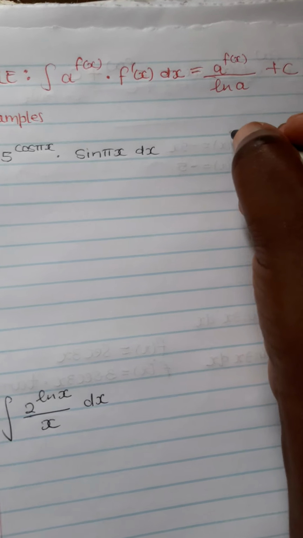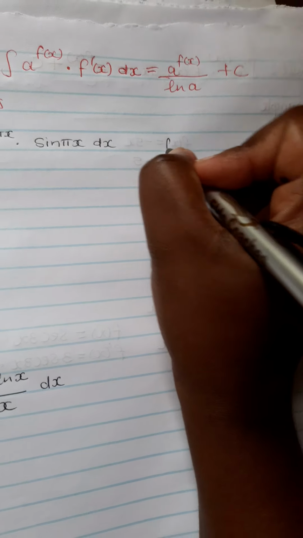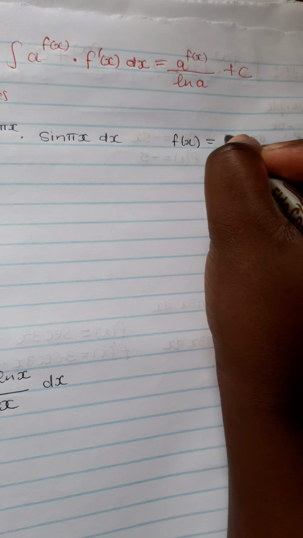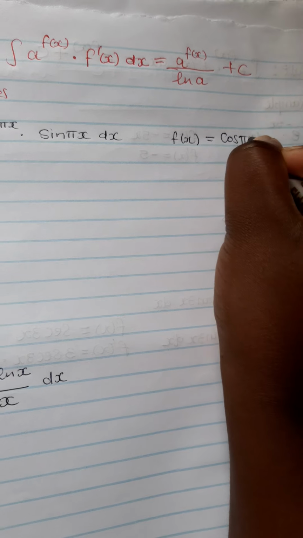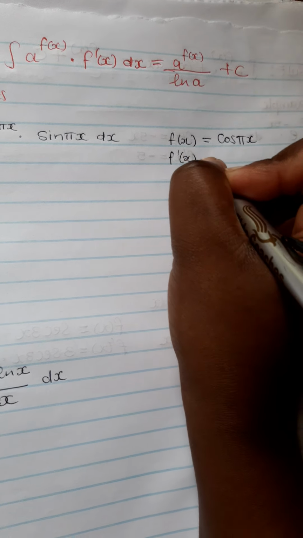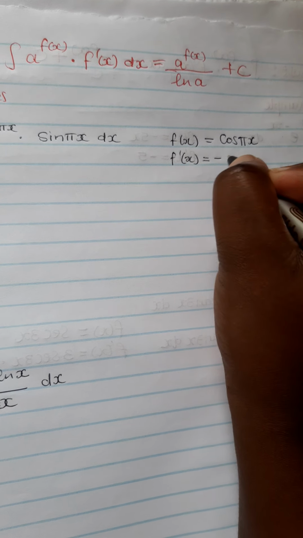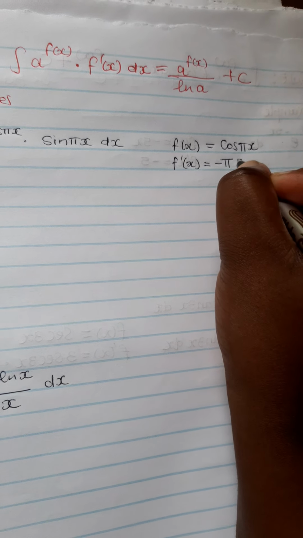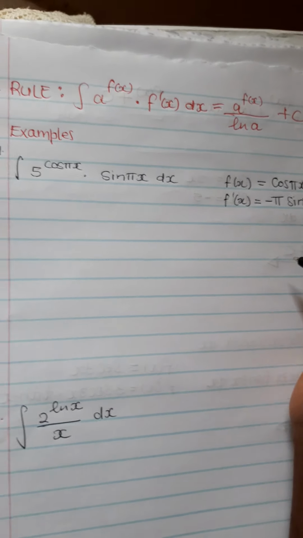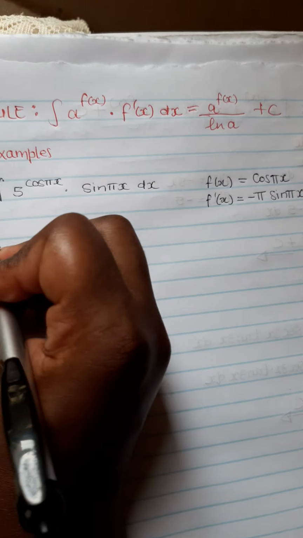So again, in this case, my f of x is equal to cos pi x. So what is the derivative of cos pi x? It will be negative pi sine pi x. Now let's go back to the equation and rewrite it.